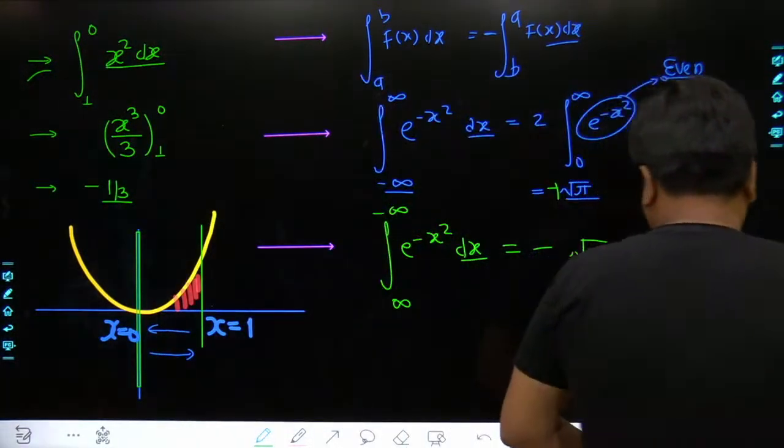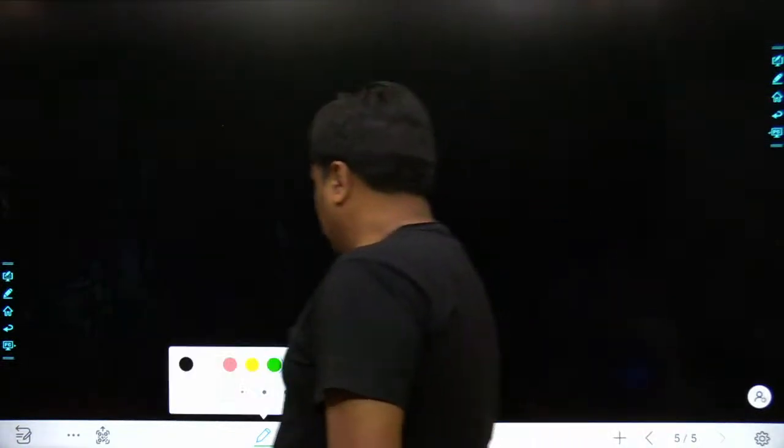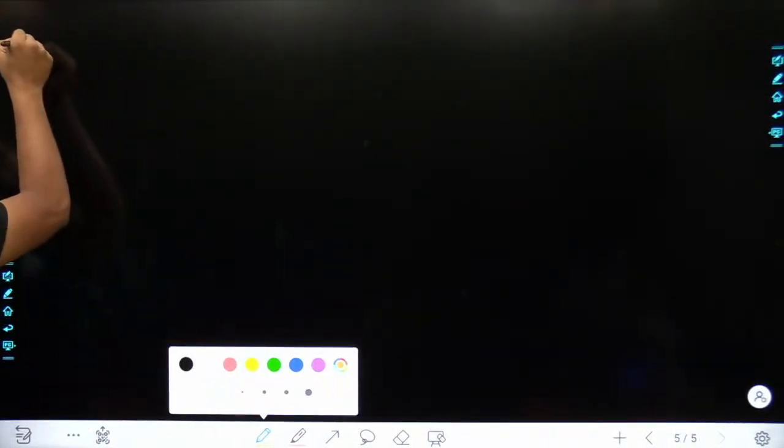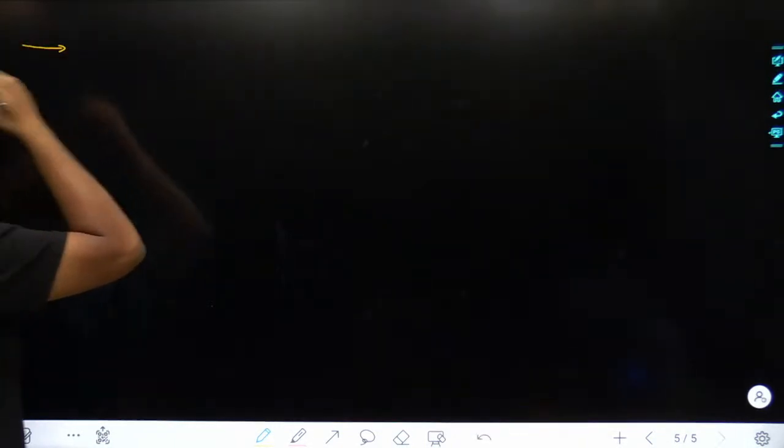In the same sequence, what we are going to do over here is recall the standard form of the Gaussian distribution. What used to be that?